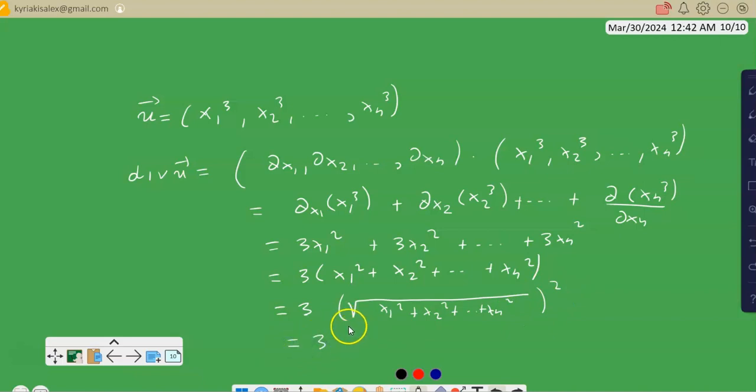This is the L2 norm, the little L2 norm of x, squared. We deduce that the divergence of u equals 3 times the little L2 norm of x, squared.